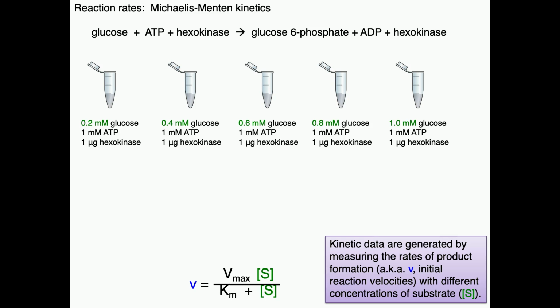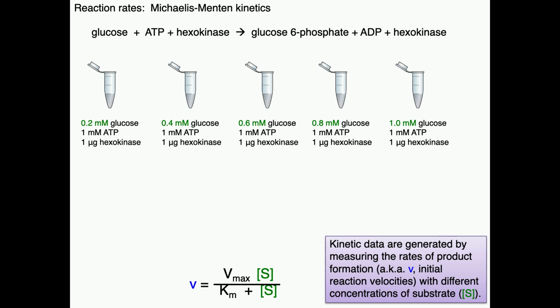Okay, so if we want to describe the kinetic parameters of hexokinase and measure its Vmax and Km, we would do an experiment as shown here where we have equal amounts of hexokinase in each reaction, equal amounts of one substrate, ATP, and then varying amounts of the other substrate, glucose. Okay, and you would have a control that would have 0 glucose, I suppose, too.